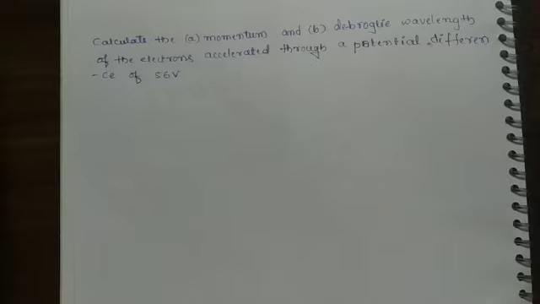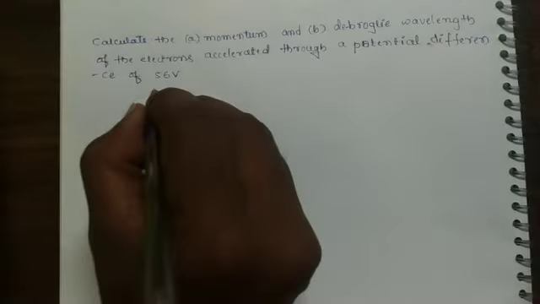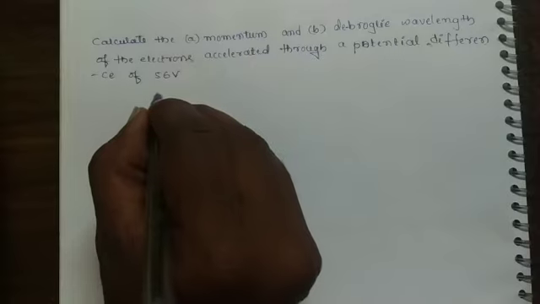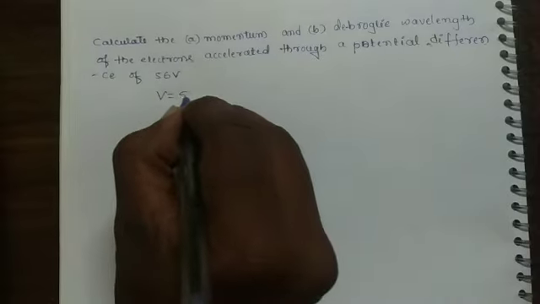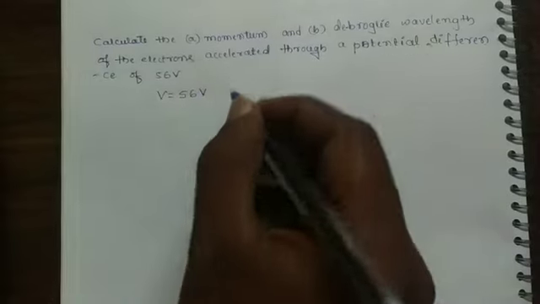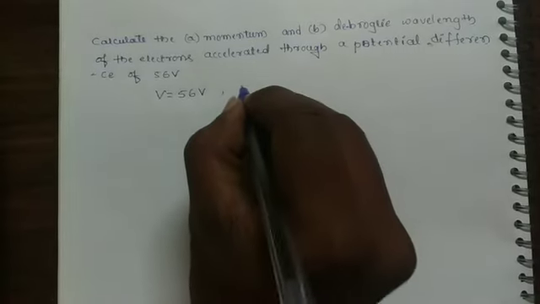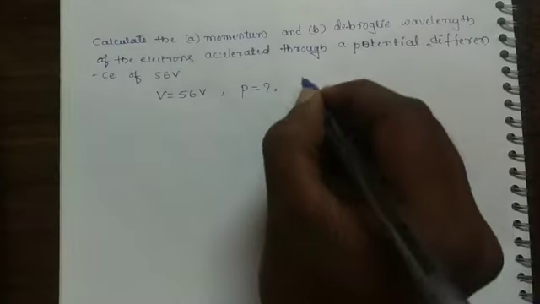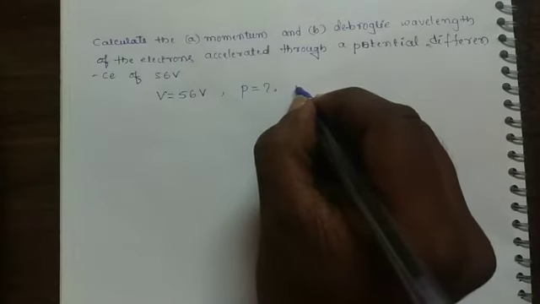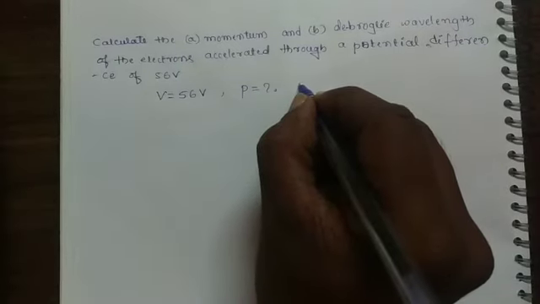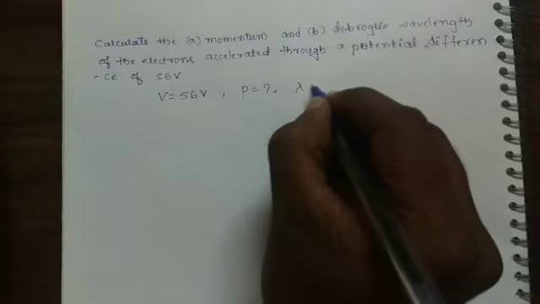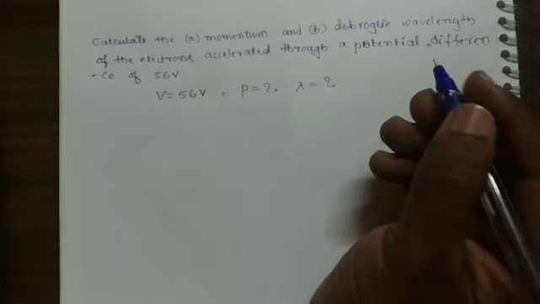Given that the potential difference V is equal to 56 volt. We want to calculate momentum P, which is unknown, and also the de Broglie wavelength, which is also unknown.